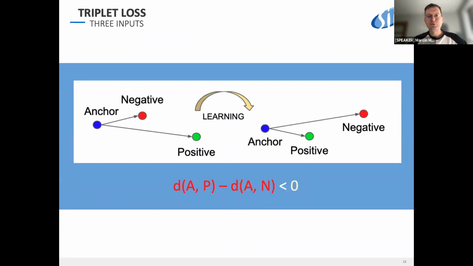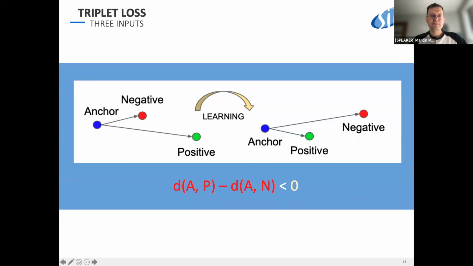FaceNet introduces a loss function called triplet loss. And as its name suggests, triplet loss takes 3 kinds of examples: anchor, positive, and negative. So given an anchor example, we try to find another example belonging to the same class as the anchor, and we call it positive, and an example of a different class than the anchor, and we call it negative.